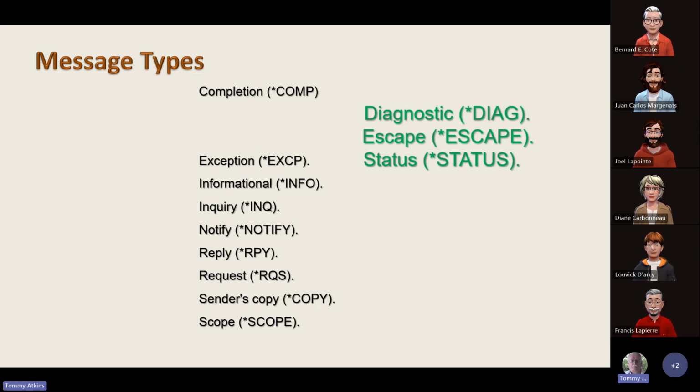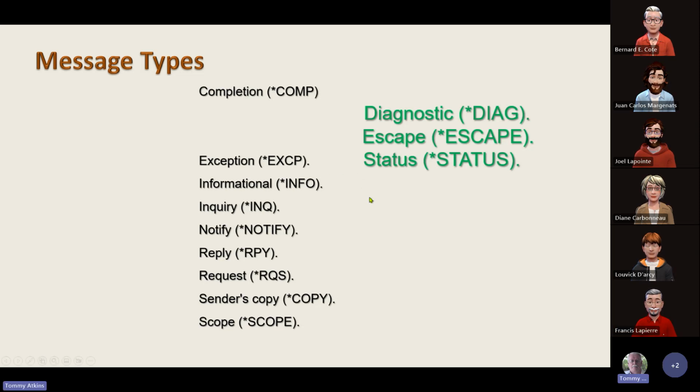You define the type of message when you send it. So the same message can be used as a diagnostic and an escape message. Okay, I understand. Then it's not the message itself that has a type. No, it's the send. So it's when you send it that you choose the type. Okay, understand. Okay, thank you.